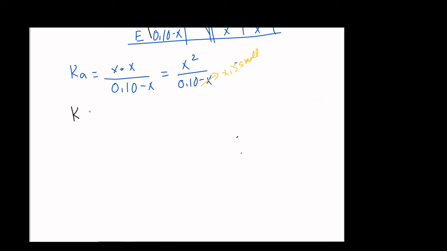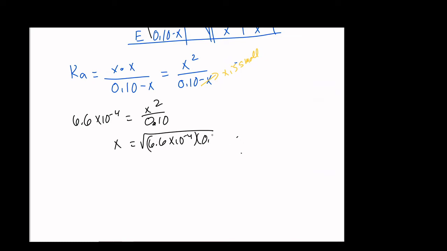Our K, let's just put our K in, 6.6 times 10 to the minus 4th is equal to x squared over 0.10. So x is equal to the square root of 6.6 times 10 to the minus 4th times 0.10. Okay, so that's equal to 8.12 times 10 to the minus 3rd.